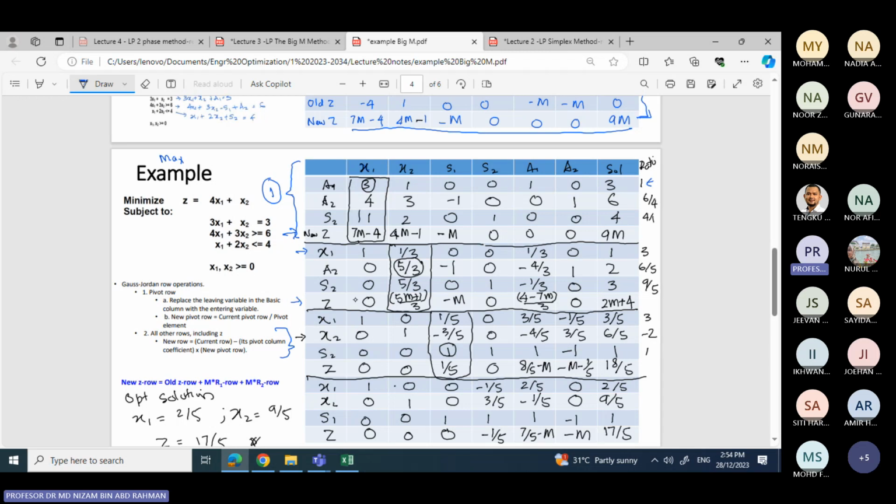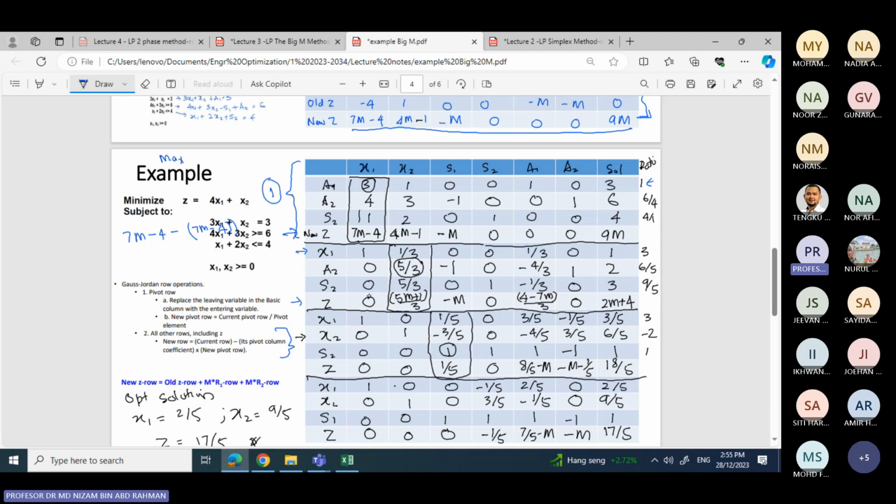For this value, what I do is the old value, which is 7m minus 4, minus its pivot column coefficient, which is also 7m minus 4, times the new pivot row.